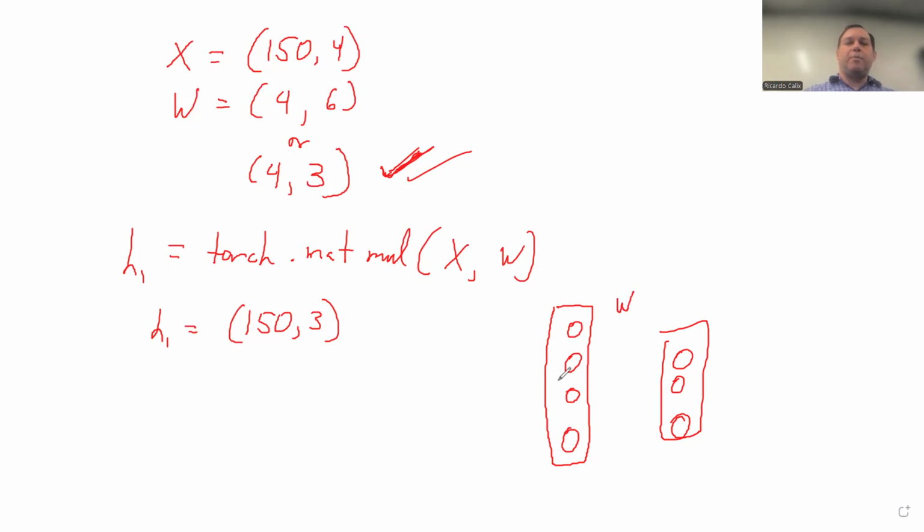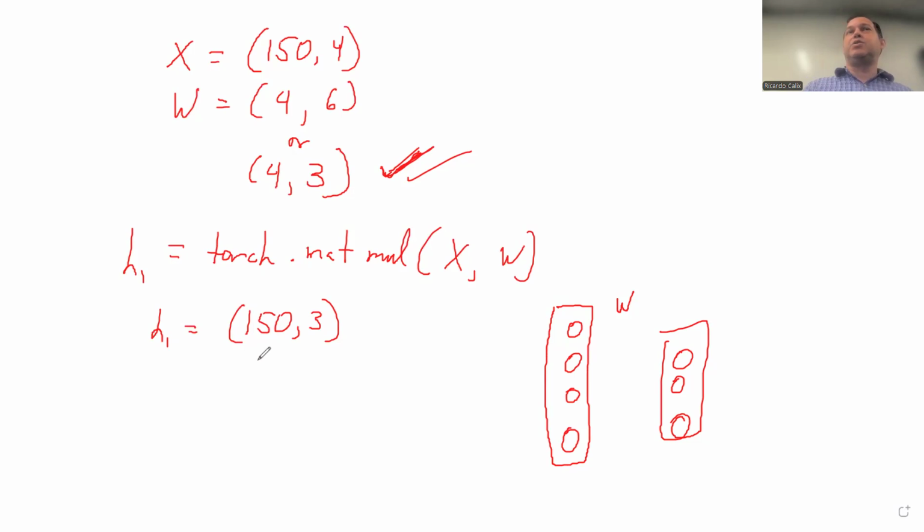So it went from being 4 to being 3. But because there's 150 samples, we do a batch of 150, you're doing that for all 150. Do you see that? Yeah, so this just means that we're performing that operation for 150 samples, right?